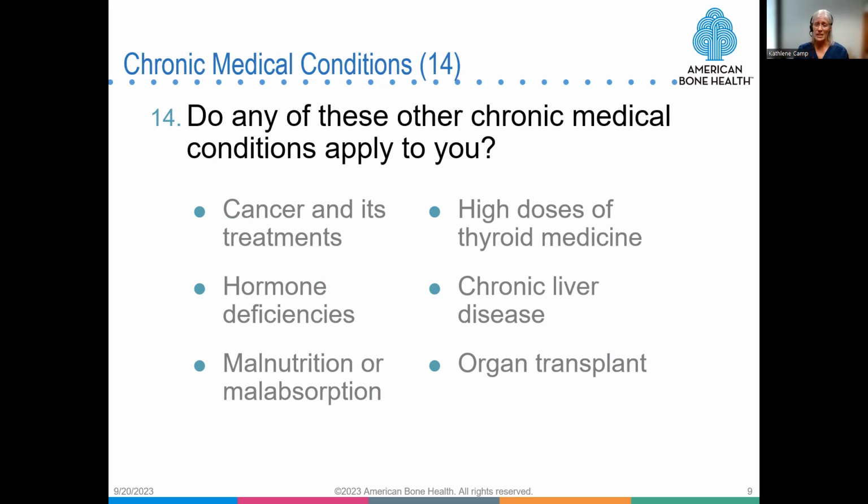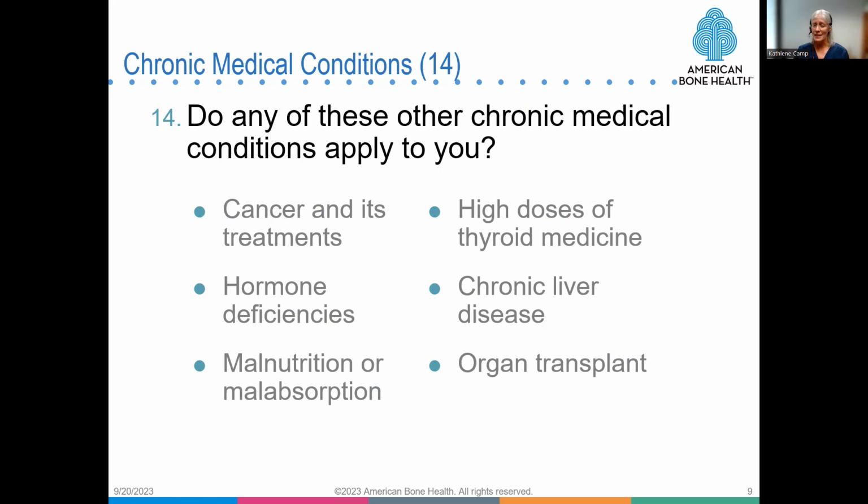So, question 14 looks at the added risk of these chronic medical conditions. Cancer and its treatments, such as radiation, chemotherapy, surgical treatments requiring removal of the prostate, ovaries, or parts of the colon or stomach, cause hormone deficiencies, low calcium and vitamin D levels.